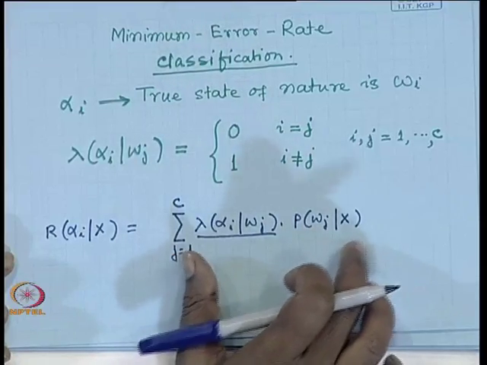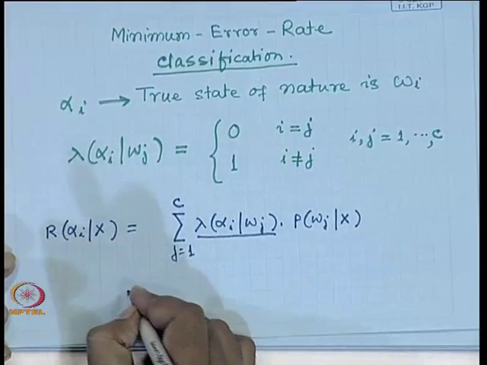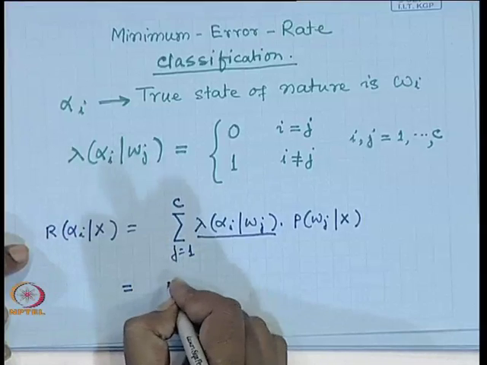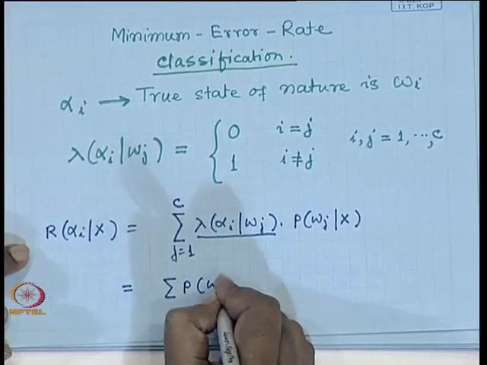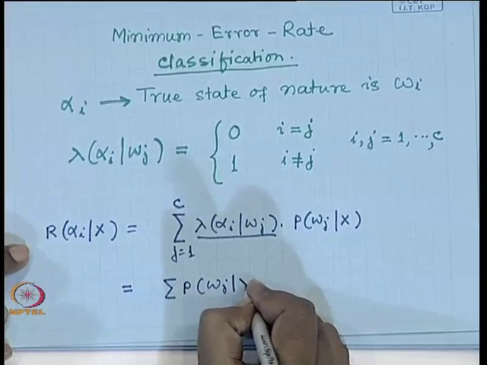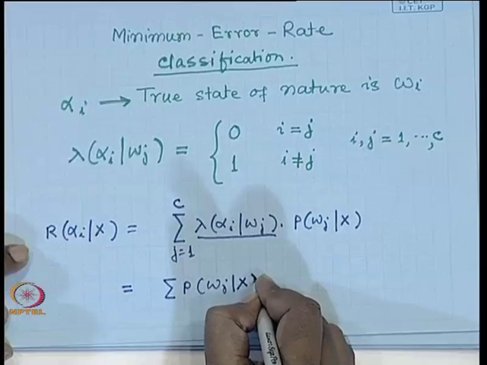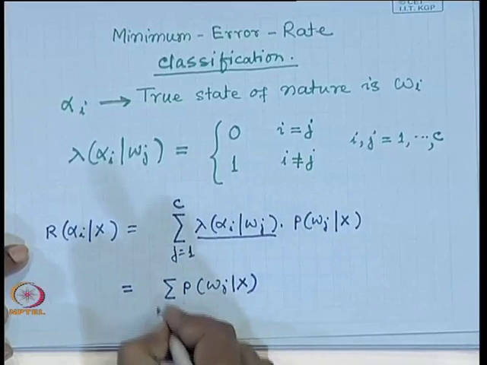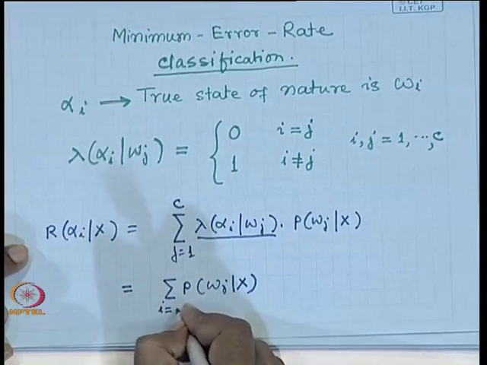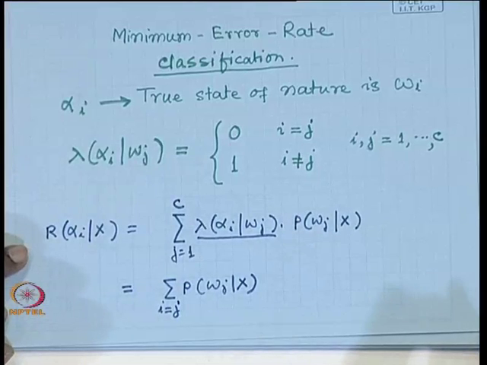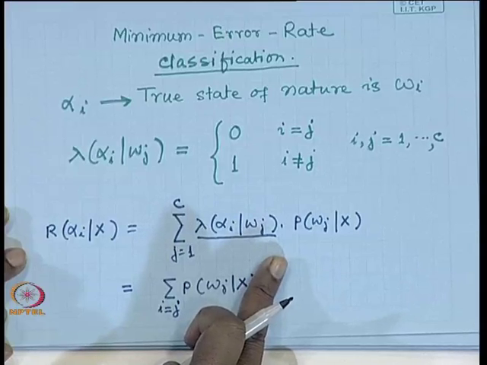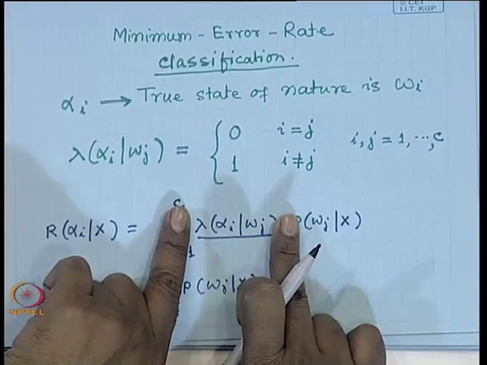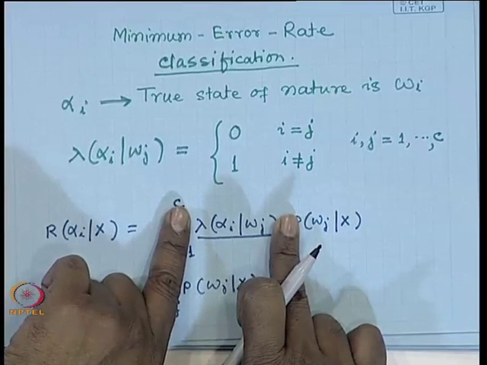So, this summation gets simplified to summation of p of omega j given x, wherever I had I is equal to j. Is it not? Because only when I is equal to j, this lambda alpha I given omega j, that was 1.